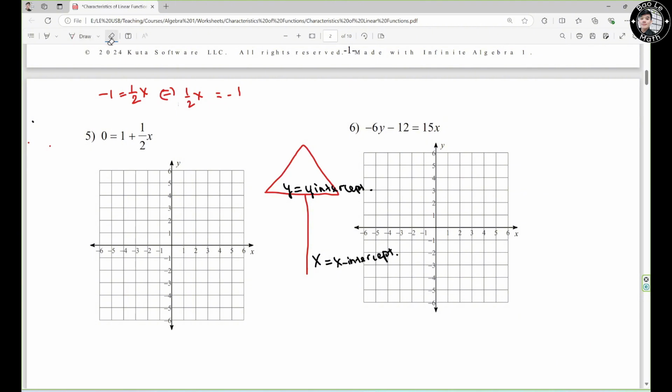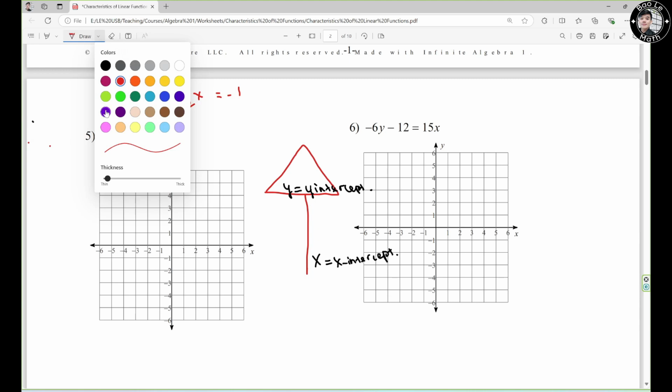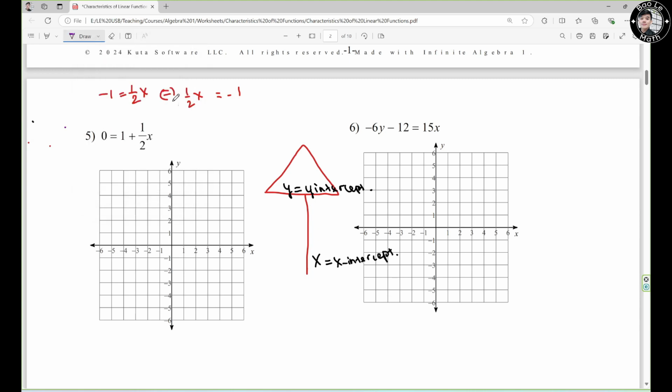Now I need to multiply both sides by 2. So 2 times 1/2 cancels out, and I have s right here. Now on this side, 2 times negative 1 is going to be negative 2.